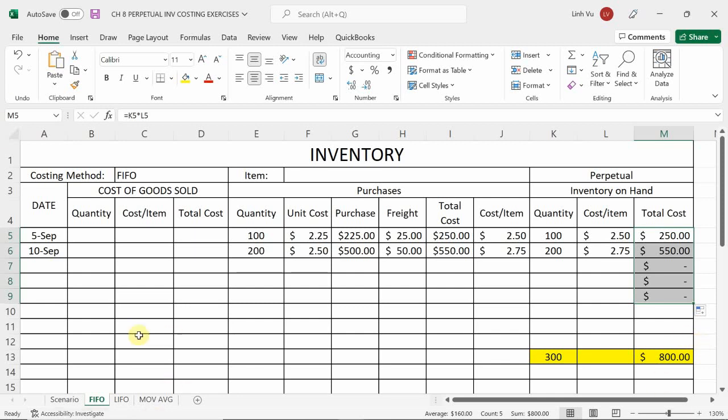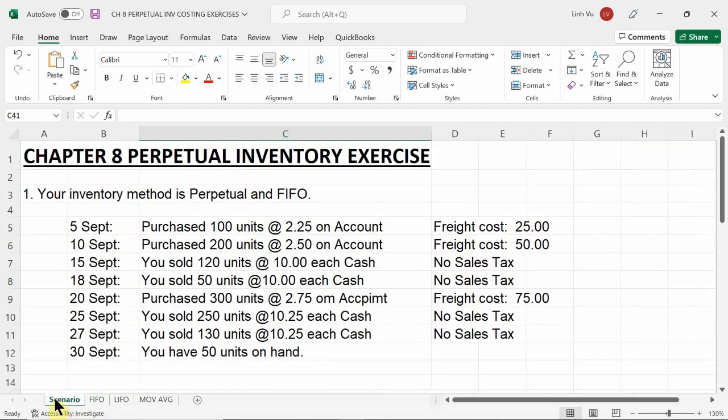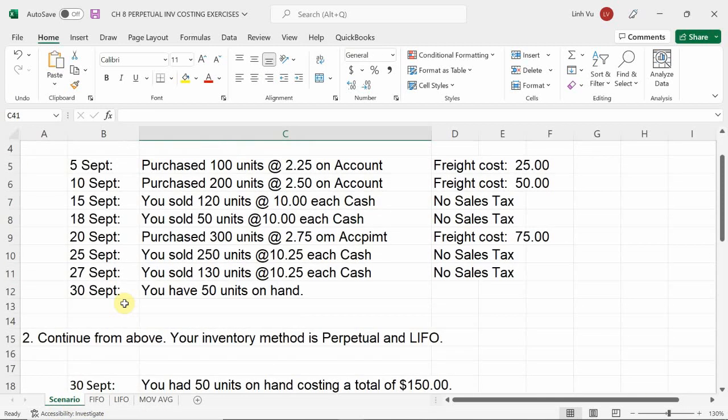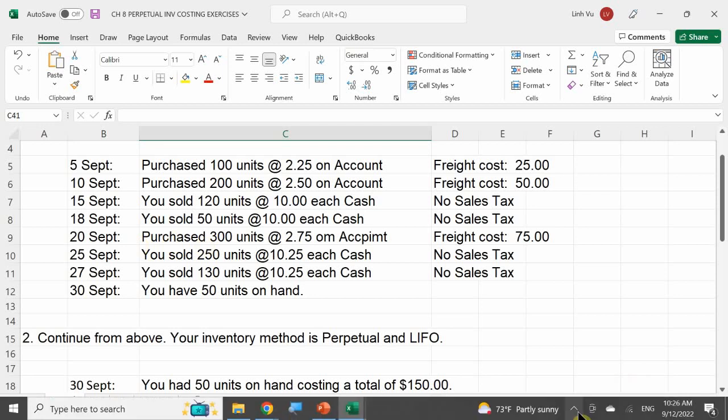Let's see what happened next. On September 15, you end up selling 120 units.